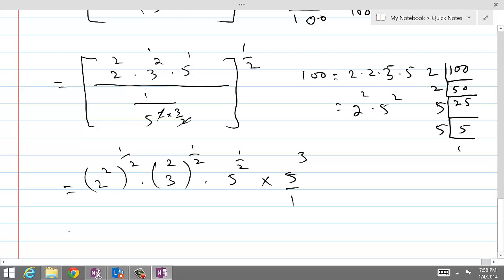And again applying the same thing, and then power 1 over 2 as well.